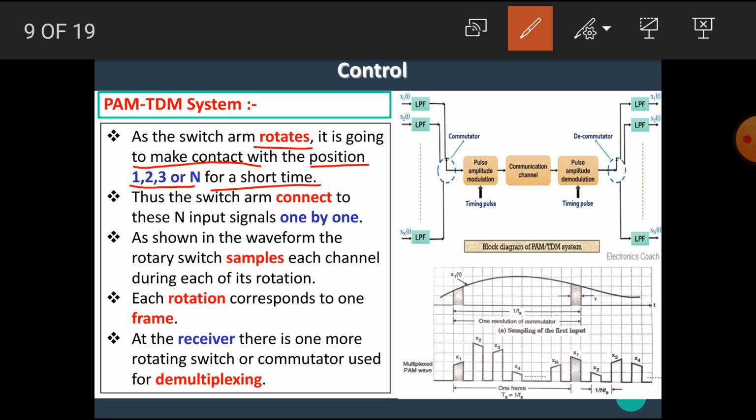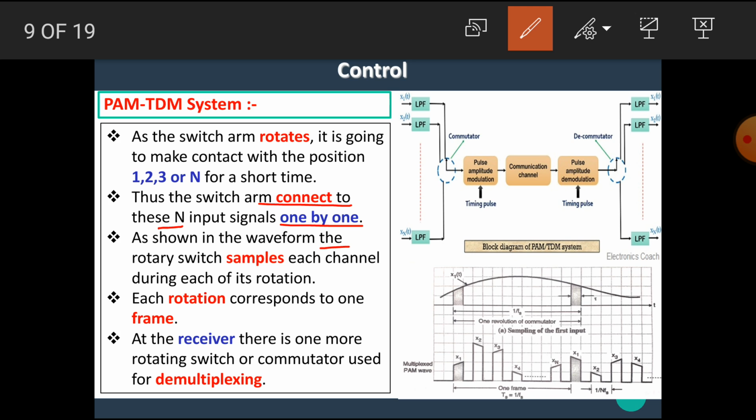That means if we rotate this switch, then depending upon the switch position, the x1 signal, x2 signal, x3 signal or the xn signal is connected with the common communication channel or the pulse amplitude modulation block. Thus, the switch arm connects to these n input signals one by one.